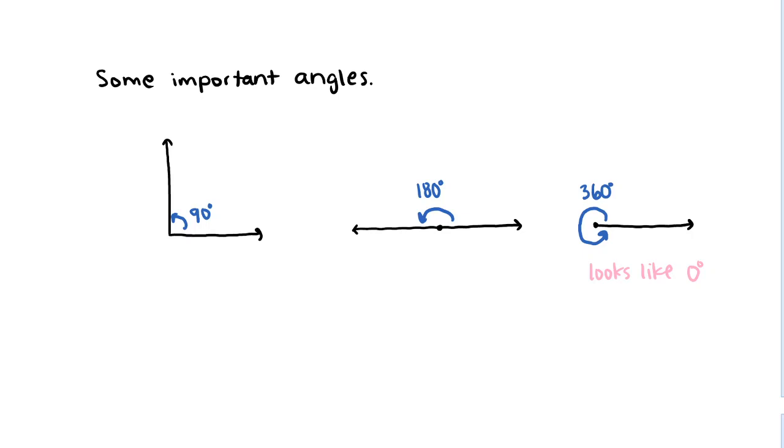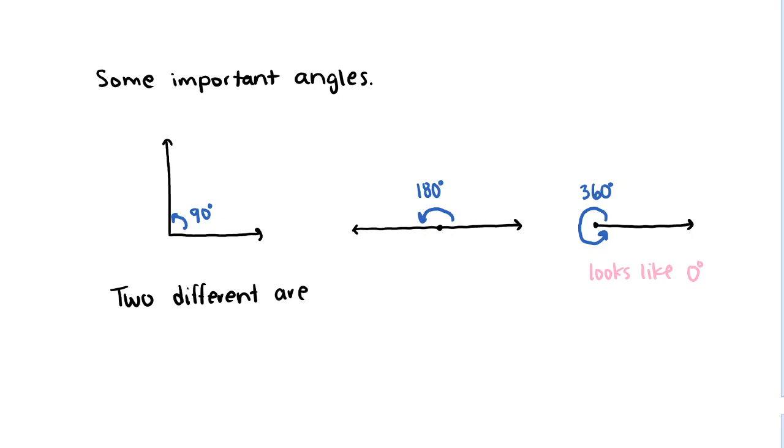One definition I want to bring up to refer to that is this idea of coterminal angles. If we have two different angles, for example, 360 degrees and 0 degrees, we call these coterminal angles.